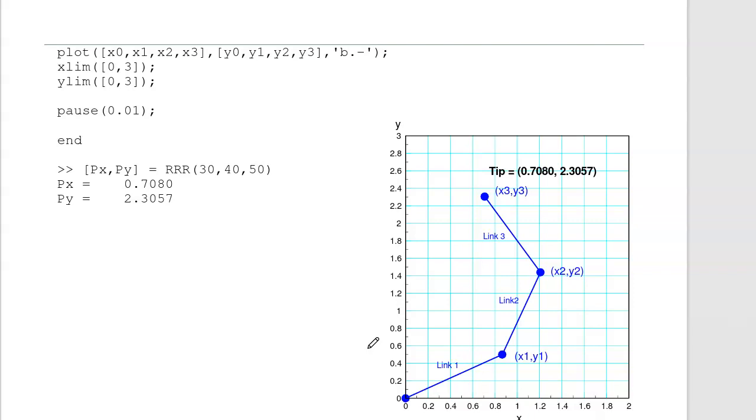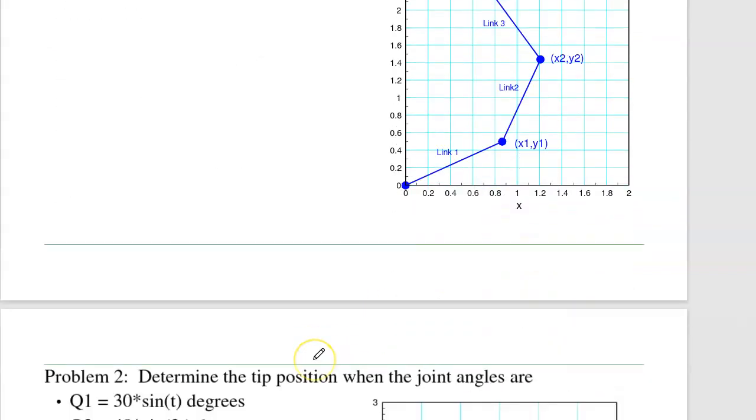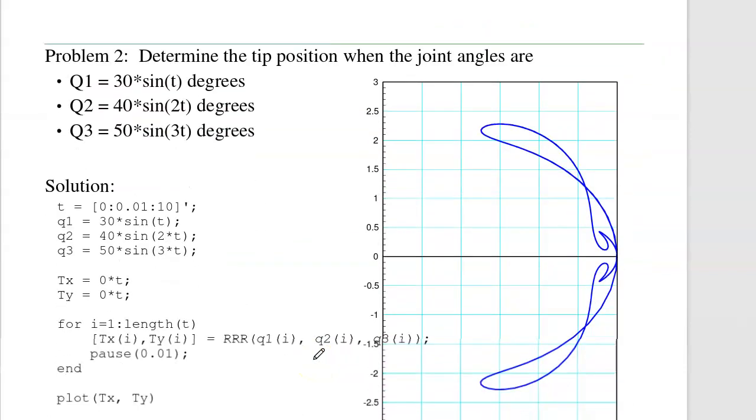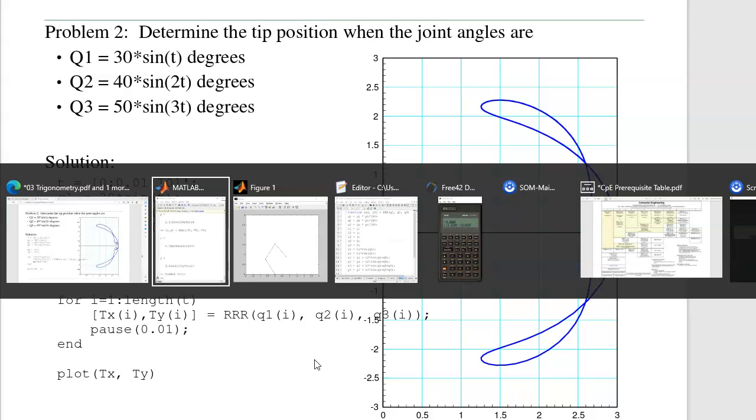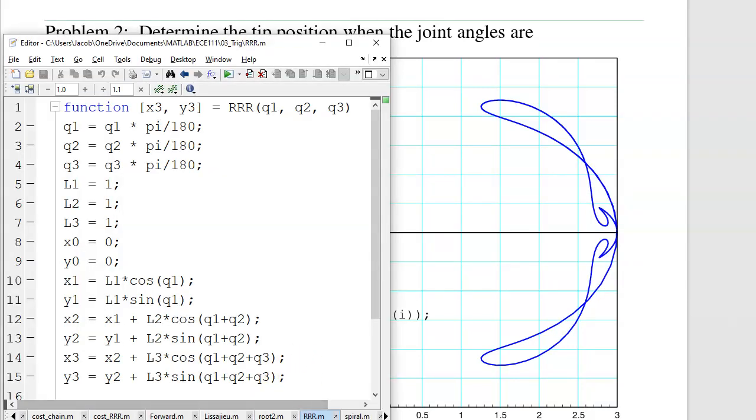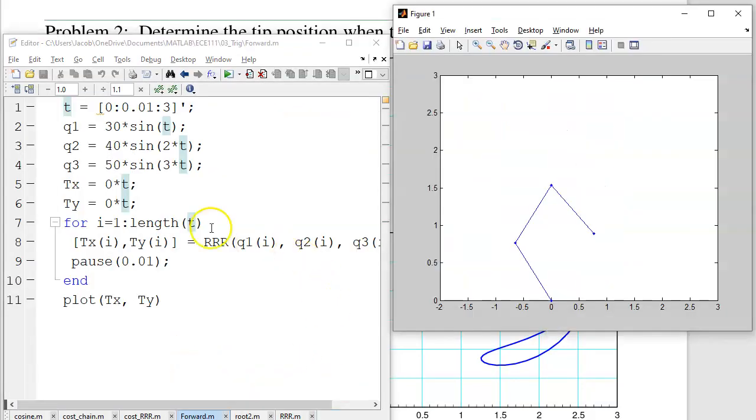That's called forward kinematics. I note the angles, where's the tip? Another problem. Suppose the angles vary with time. What does the robot do? Well, I could try that. So here's the program.